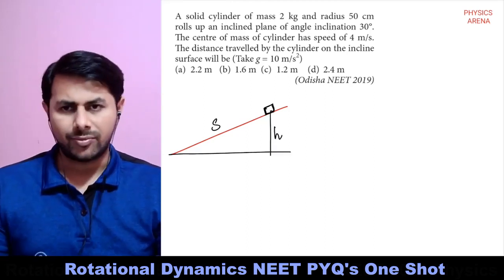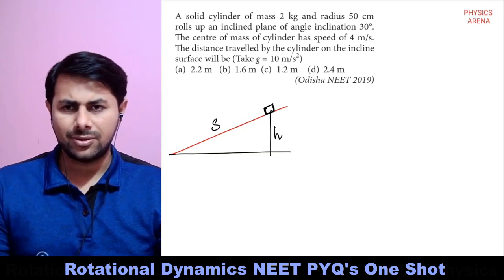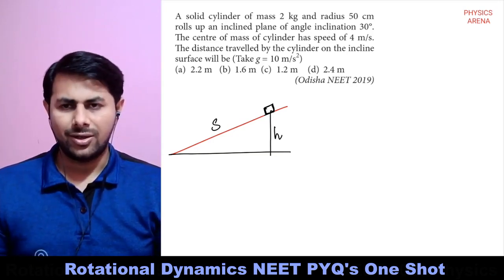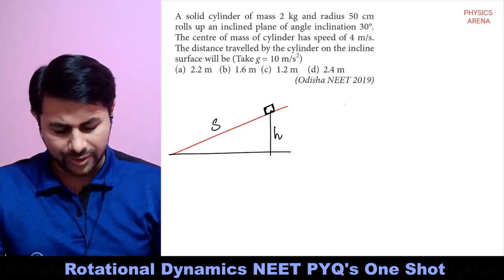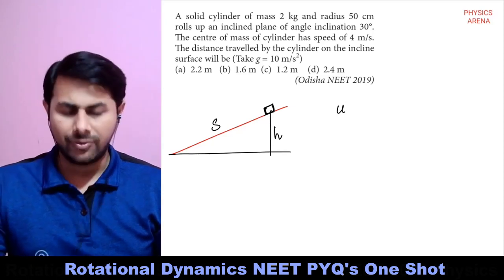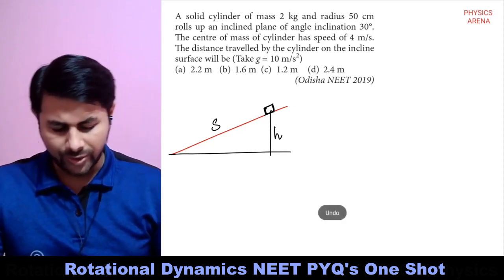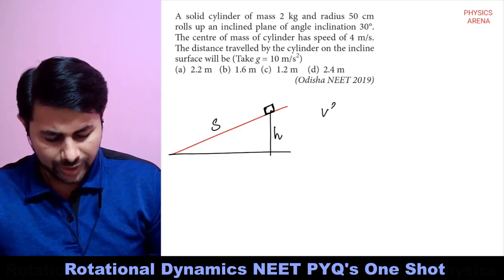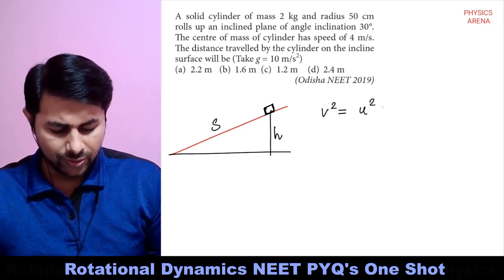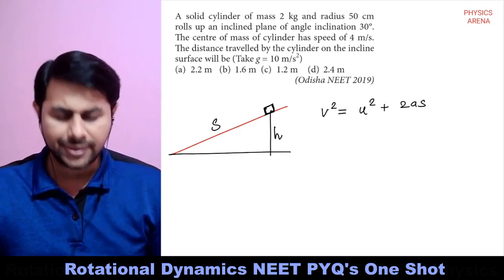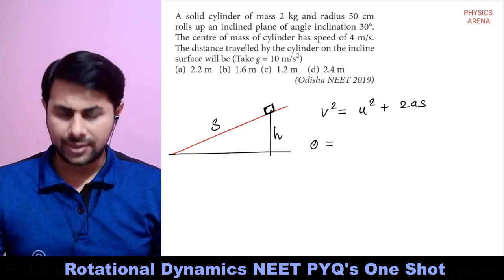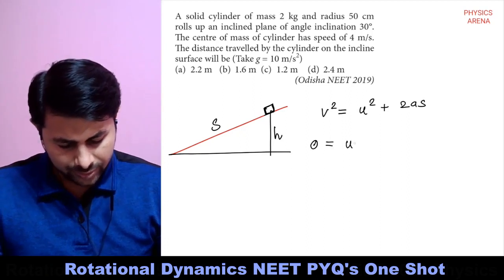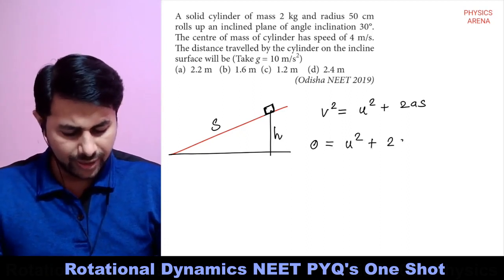Kinetic energy at bottom is equal to potential energy at top. Either you can solve it this way, or you can solve it this way, that final velocity is equal to 0. So v square equals u square plus 2 times a s. So v is 0, u is given.